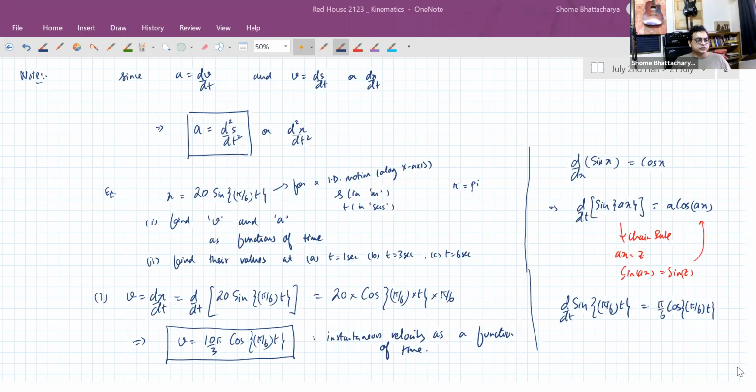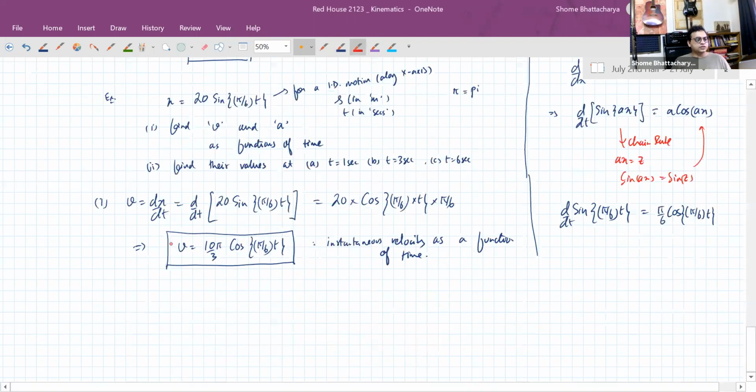Okay. The other thing you can take note of is that in this relation, for the given value of x, 20 sine pi by 6 t, this quantity 20 is actually 20 meters, because x is in meters. And this quantity pi by 6 is actually pi by 6 radians per second. Now radian is what kind of quantity?